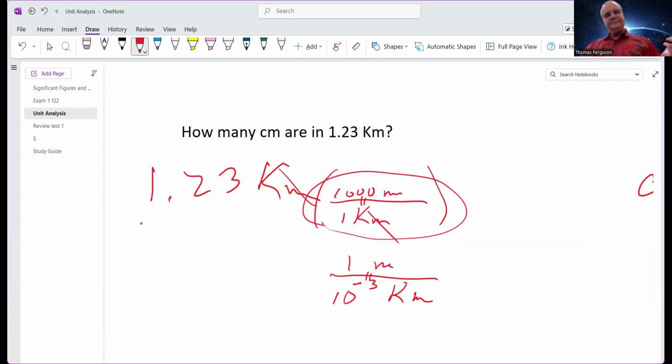Now, either way, it'll work. Now, a good way to figure out whether your conversion factor makes sense or not, which is bigger, kilometer or meter? Kilometer. That means the unit in front of the kilometer needs to be smaller. With the bigger one, bigger with the smaller one.